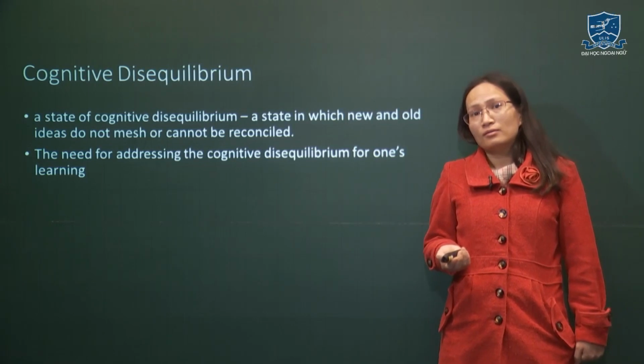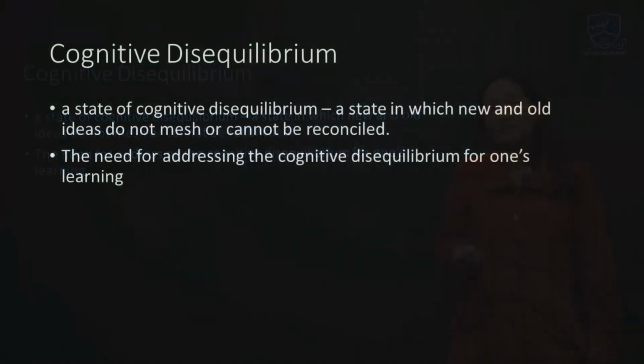Ideally, it's desirable that the learners can carry on the two processes of assimilation and accommodation at the same time, so that they can go ahead with their appropriate behaviors.